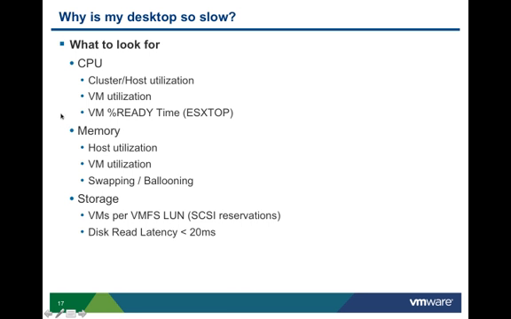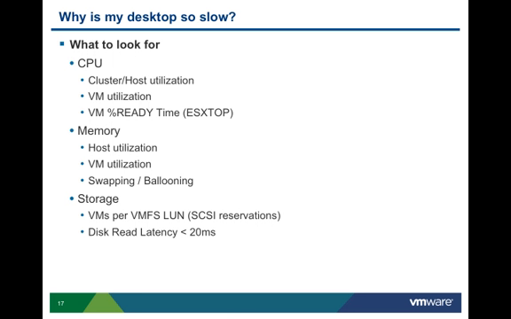From a memory utilization perspective, again, we recommend keeping the host within 80% utilization. Similarly, for VM utilization, you want to ensure that the VM has adequate memory. Keep in mind that when sizing VMs for memory, you'll need to consider the storage impact of allocating too much memory to a VM. Clearly, you'll see performance issues if you don't provide enough memory to the VM.